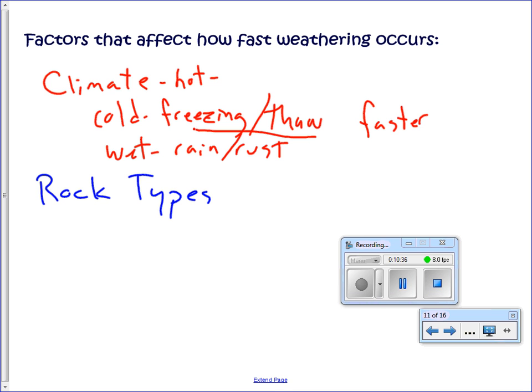It's going to erode some things faster. Heat can make chemical reactions happen faster, but also in a hot, dry desert, you're going to have more wind abrasion, but you might have less of some other things.